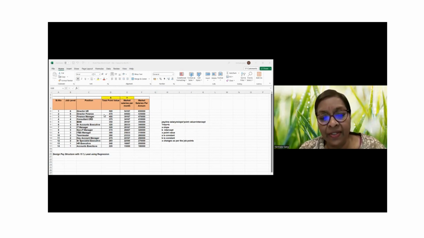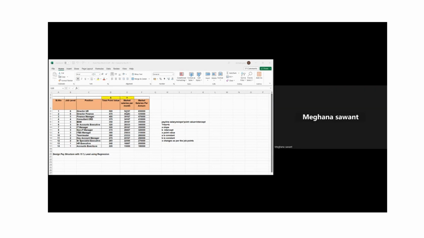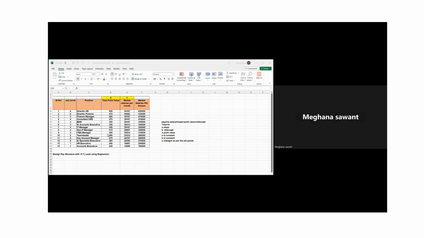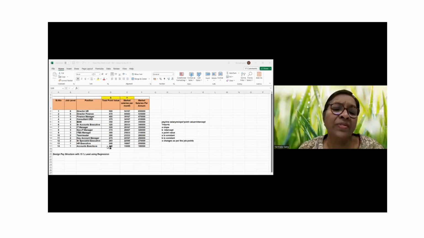For a director HR with the points of 500, what is the market paying for this job per month? 54,167. Take another job, for example, an accounts executive. The point value is 220 points and the market is paying for a similar job of an accounts executive how much? 15,000.